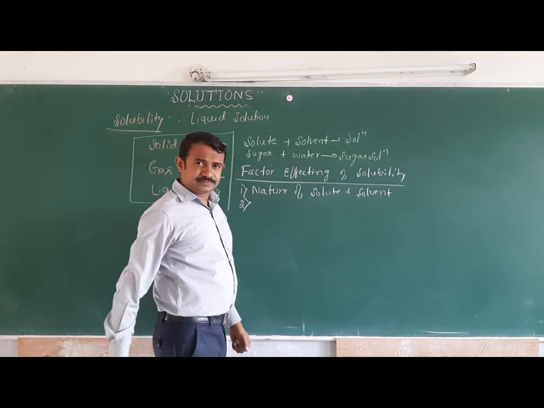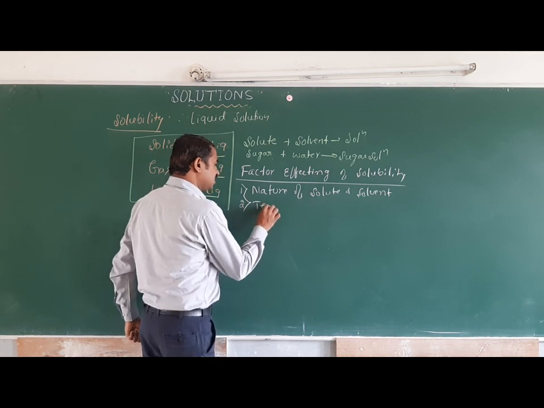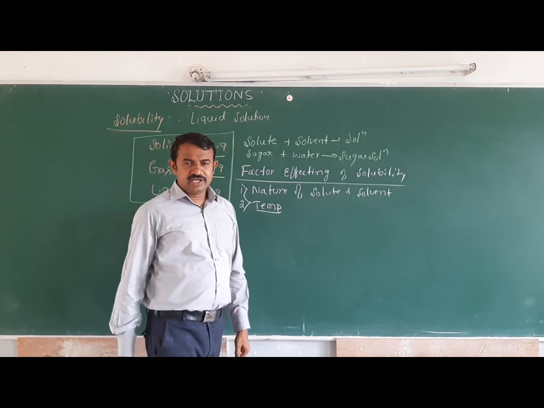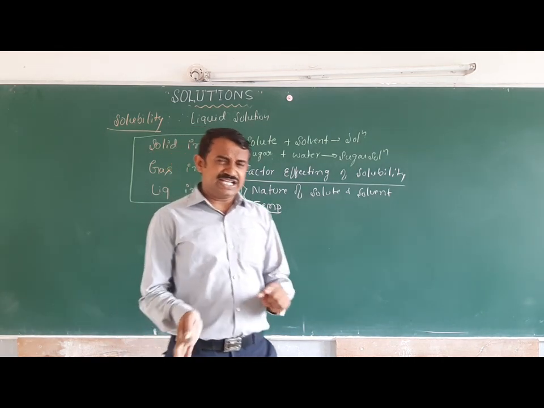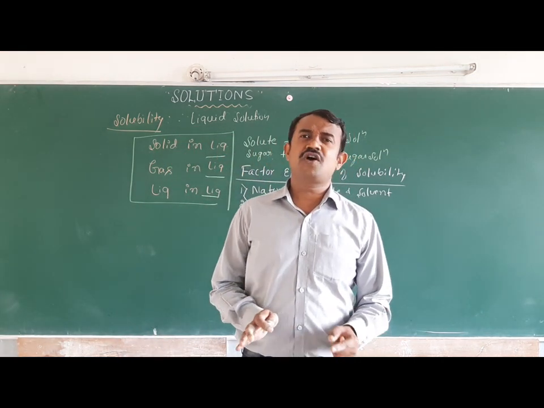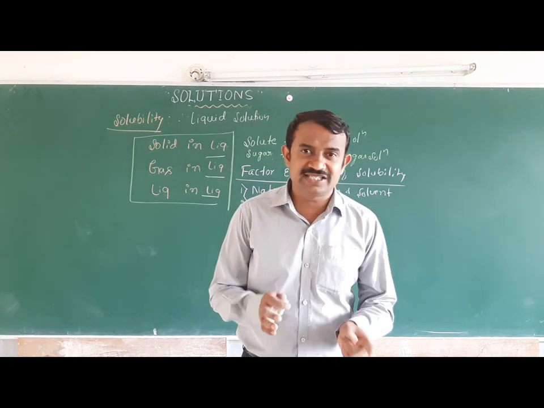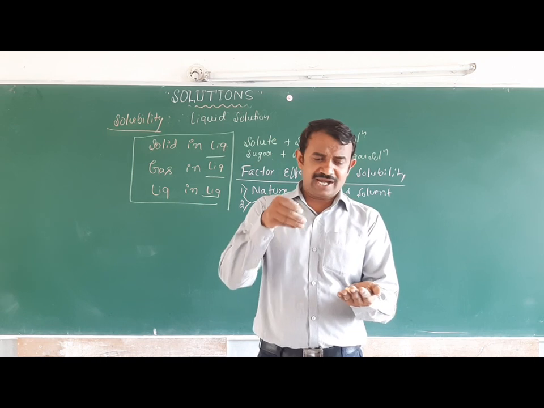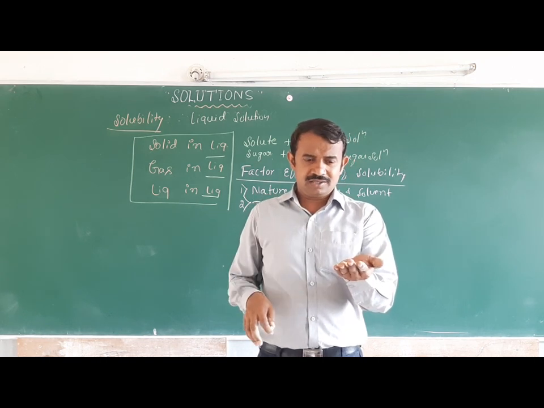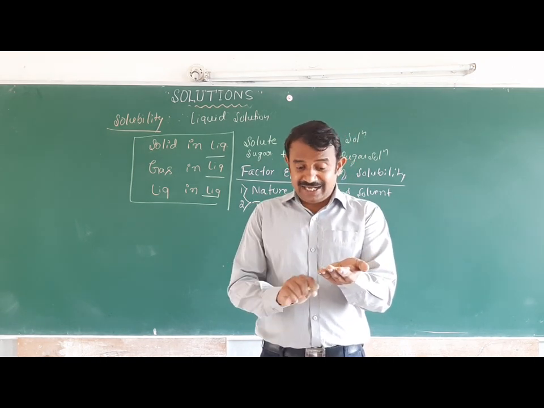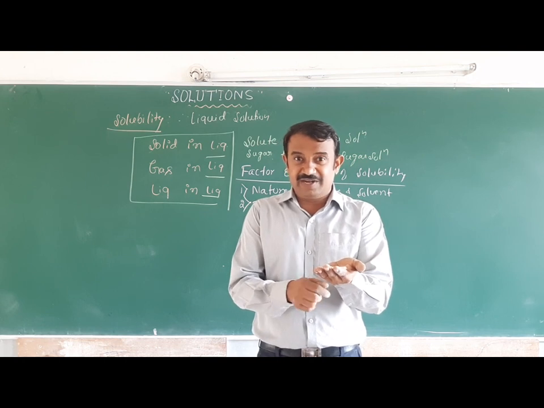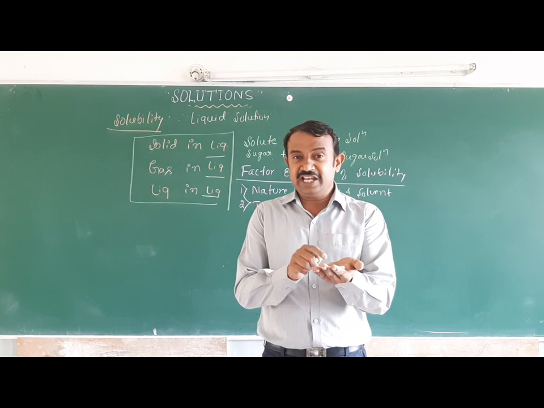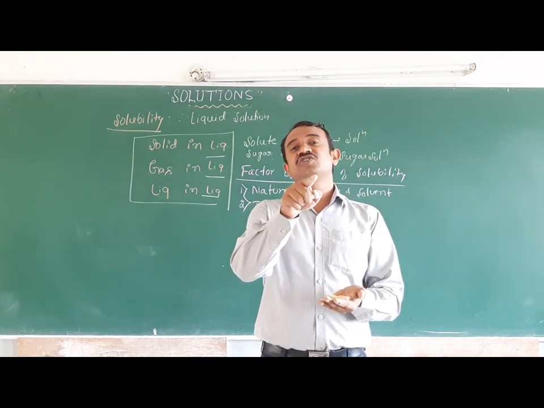Second one, temperature, is very important. If the temperature increases, the solubility of some compounds becomes easier. Suppose we are adding sugar to water; when we suddenly increase the temperature, the sugar immediately dissolves freely in water. Because if the temperature increases, solubility also increases.